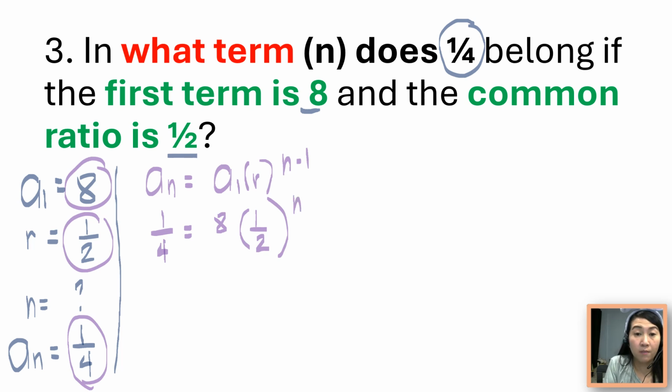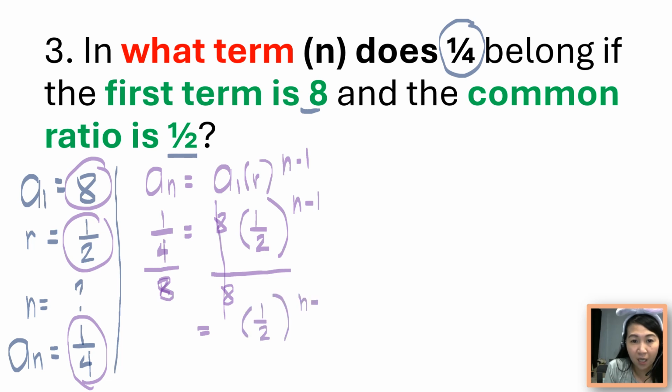And raised to n minus 1. Okay, first we need to cancel out the 8. So divide both sides by 8. So cancel si 8. Natira po natin dito is 1/2 raised to n minus 1.